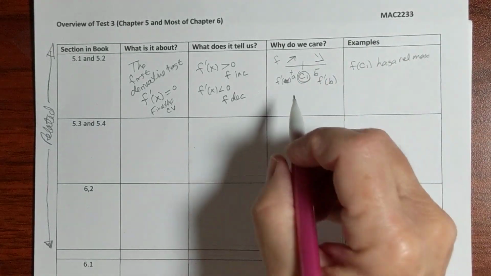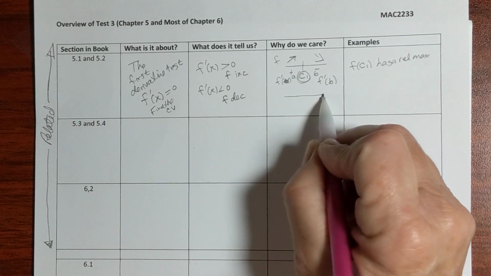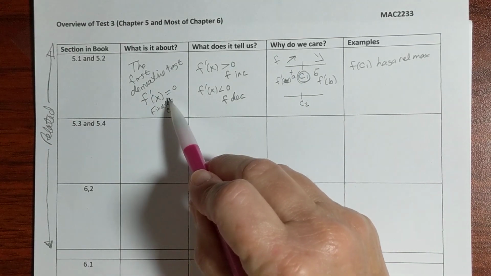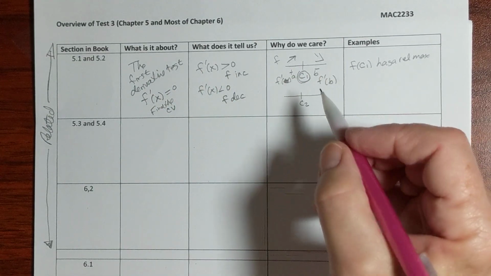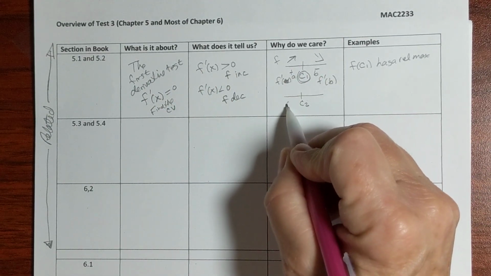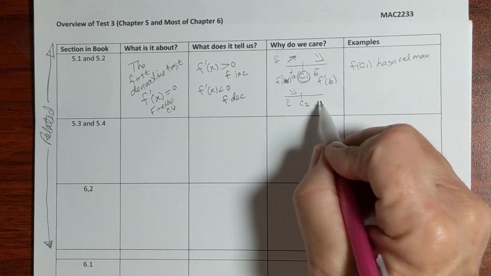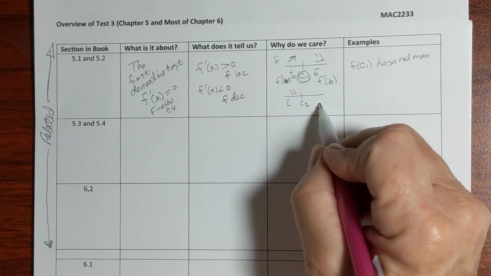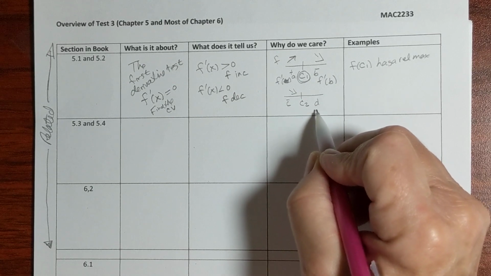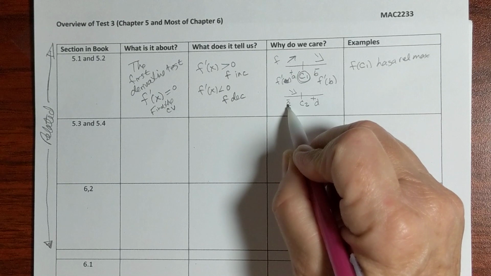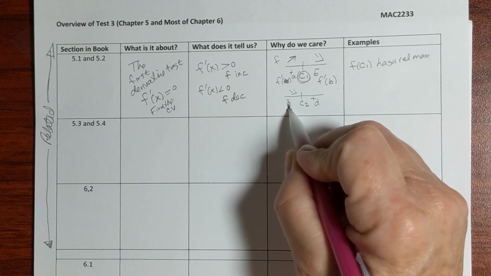Or for instance, let's say that we found some critical value when we set the derivative equal to 0 and solved. We plugged in some test value and we got a negative. That would mean that the function itself was decreasing. And we plugged in some other test value and we got a positive. I should have chosen E, not C, because we already have too many C's.